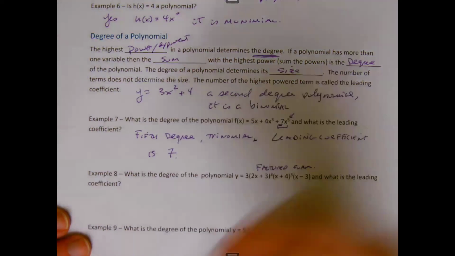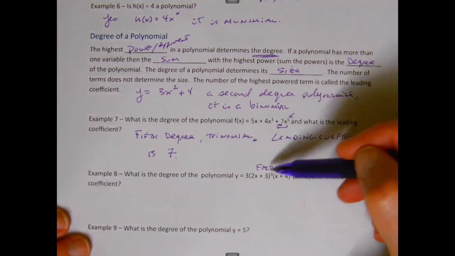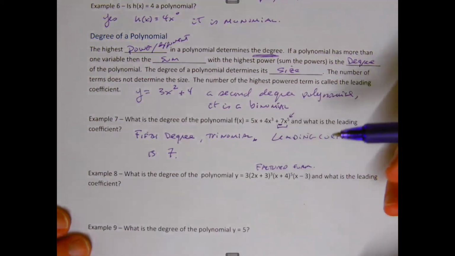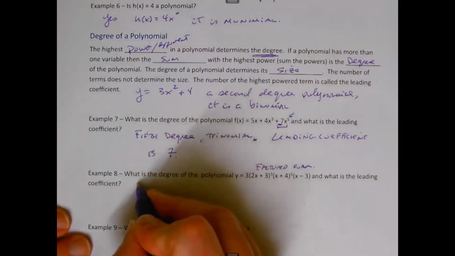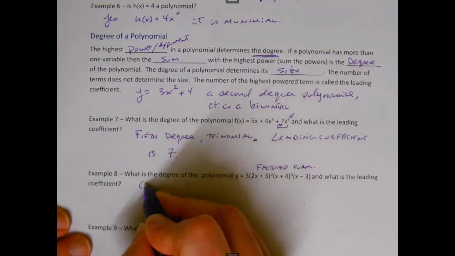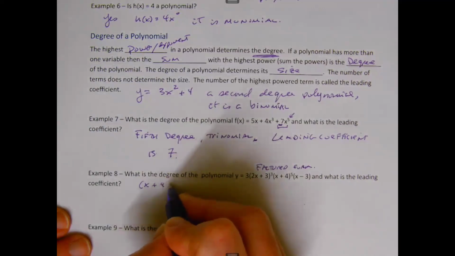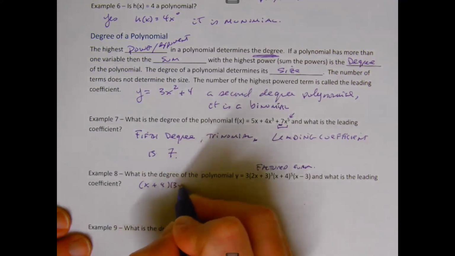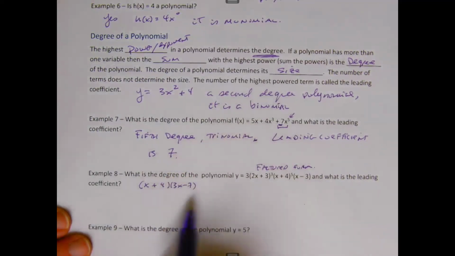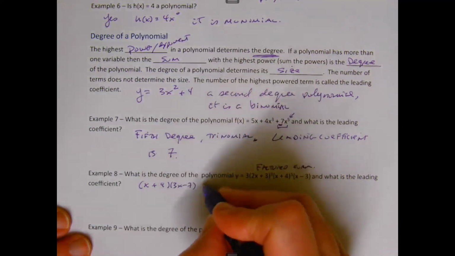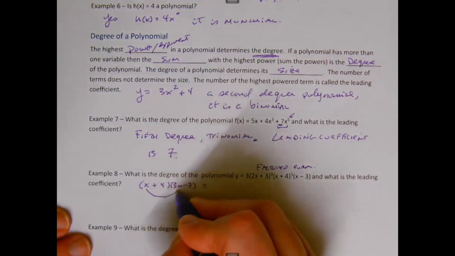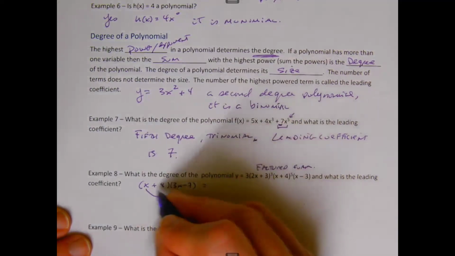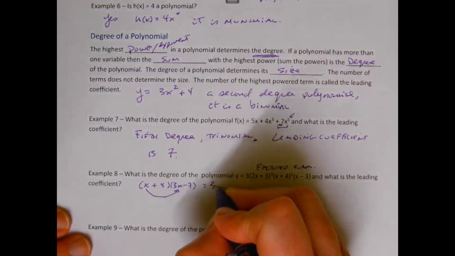So does that mean that in order to determine the degree, I need to expand or FOIL? The answer is no, because if you recall, if you had, let's say, a quadratic like this, and you had to FOIL this, remember the highest power, the leading term, comes from first times first, this position. So when I start multiplying out, I get 3x squared.